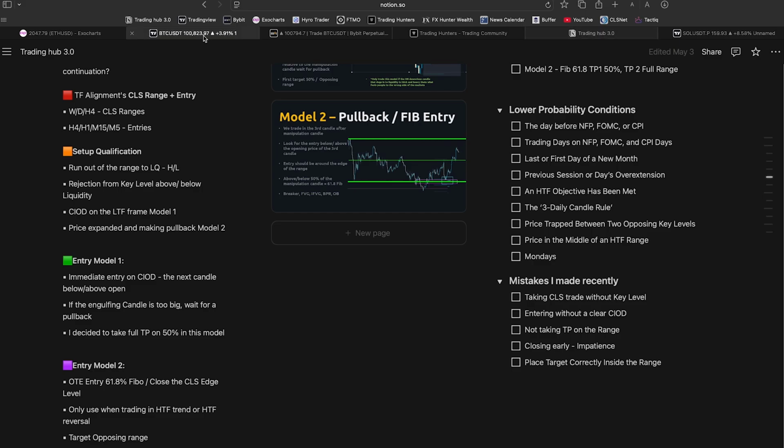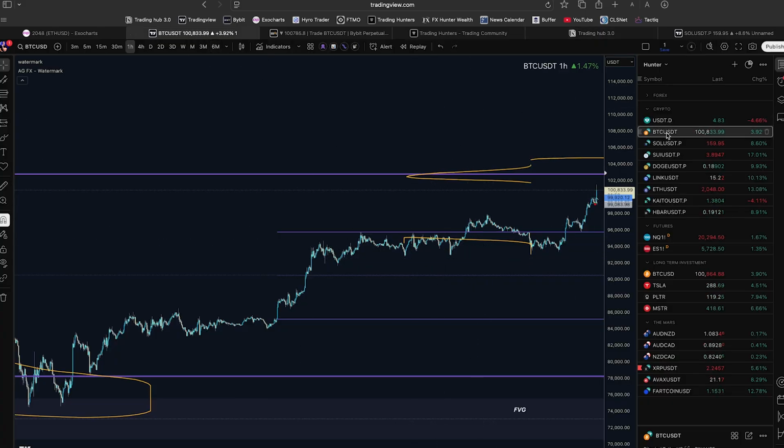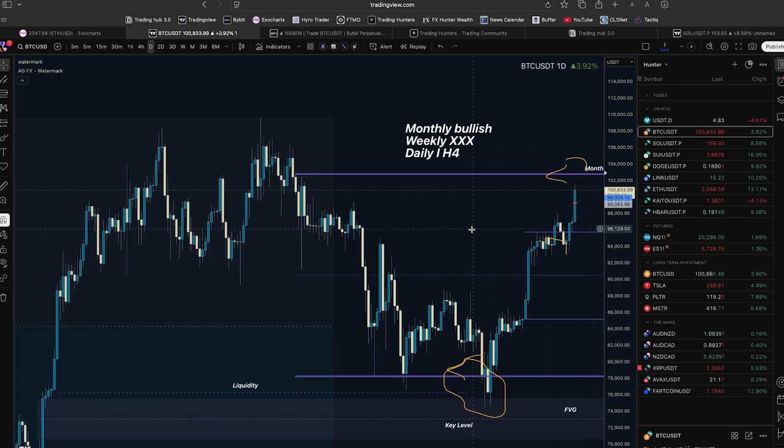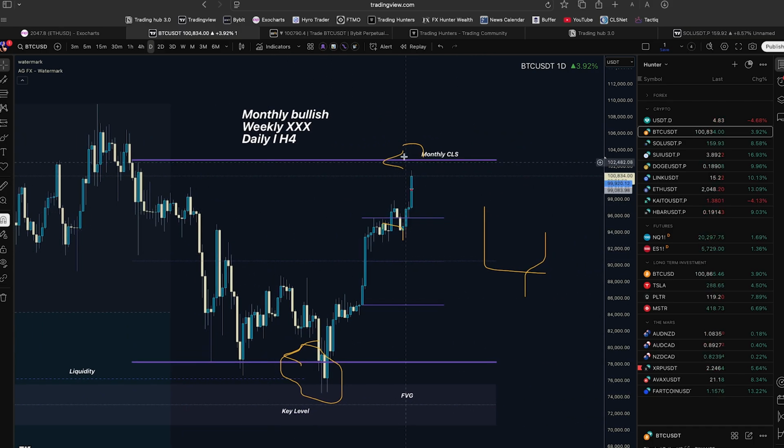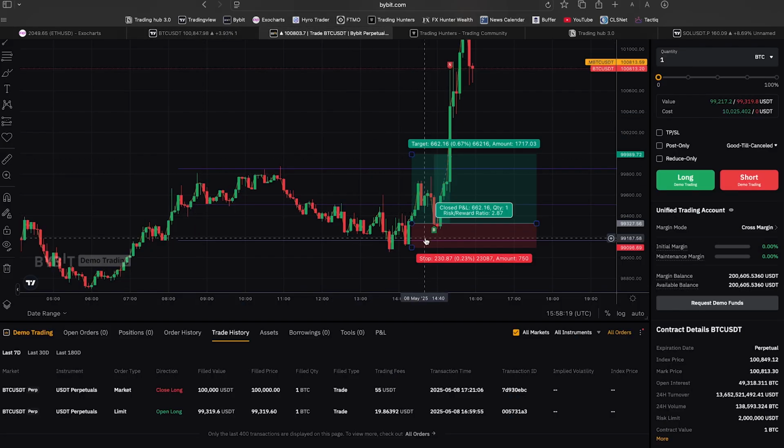That's also the one thing with this range trading, with this CLS range trading. You should not be targeting when you have your trade. Your target should always be inside the range, not above the range. So that's actually how today's trade played.